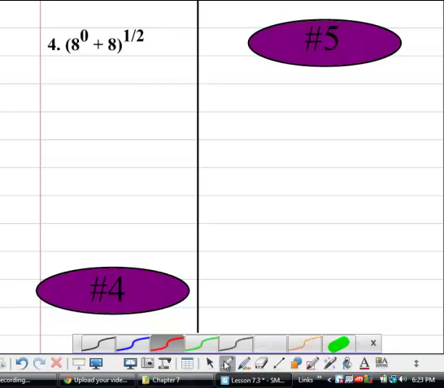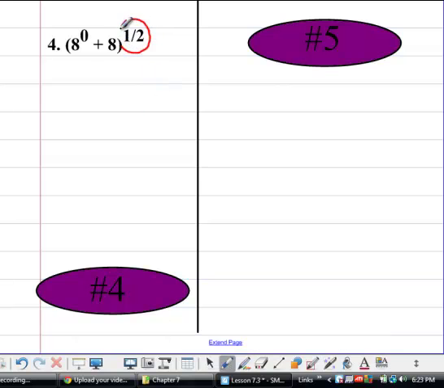Now, what's this thing saying? Once again, I'm going to drill this into your head. Half power means square root. All right, so they want me to take the square root of this answer.